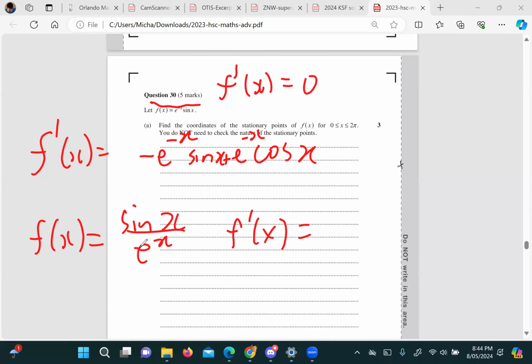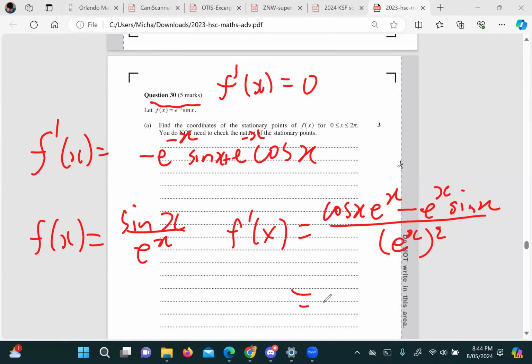So it's essentially this: the top is cos x minus bottom over bottom squared. But then when you cancel it, the e to the x cancels once, and then e to the x goes to e to the minus x. So it's e to the minus x cos x minus e to the minus x sine x. Yeah? And it's the same. It's the same thing.